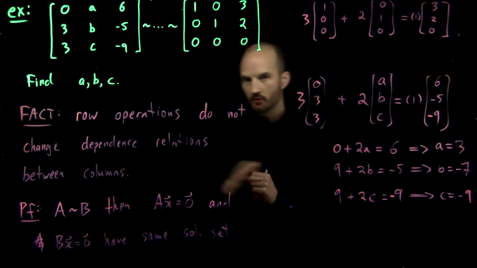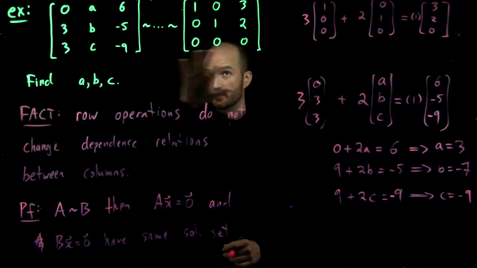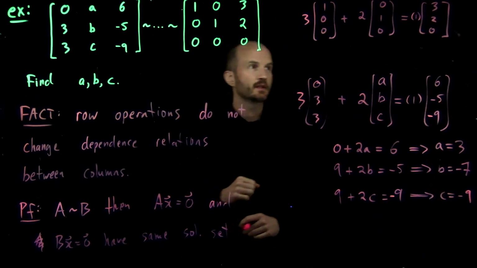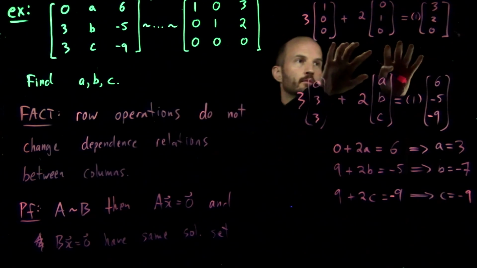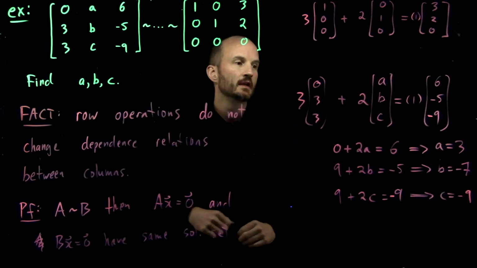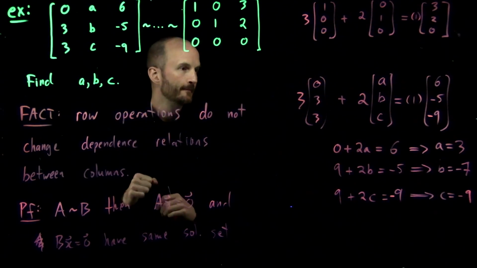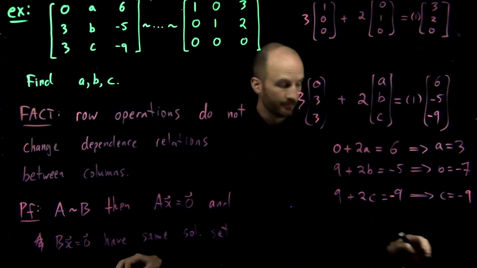Row operations don't change the relationships between the columns when I row reduce. That's the fact. So my relationship that I found between these columns is also going to hold for these columns. And from that, I was able to quickly find A, B, and C.